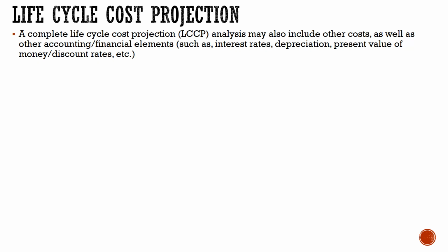If you want to do a full analysis of life cycle costing, from the beginning of the product to the end, from cradle to grave, you must involve all these financial elements. For this, you have to go back and do some research on interest rates, depreciation, and present values.